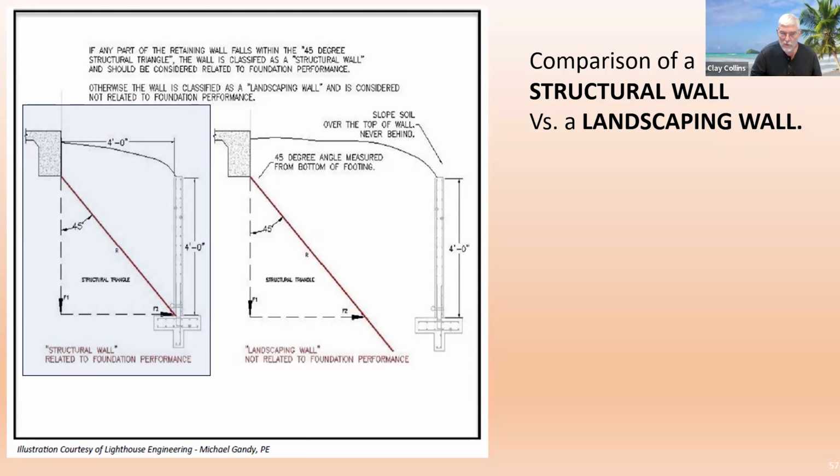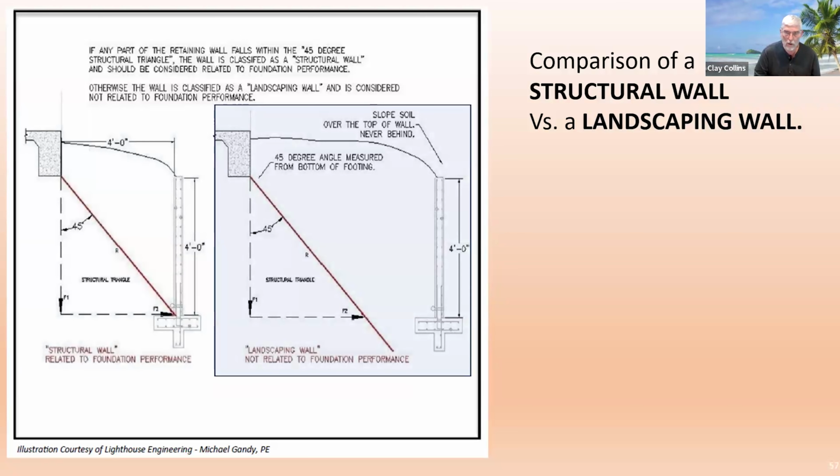So if that retaining wall is at an intersection or even closer than that, then it is supporting the foundation, and that becomes a structural wall. You should be able to tell that in an inspection just because of how close it is. You might not know the depth of that beam, but you could probably come to a pretty good estimate of it. So what about a landscaping wall?